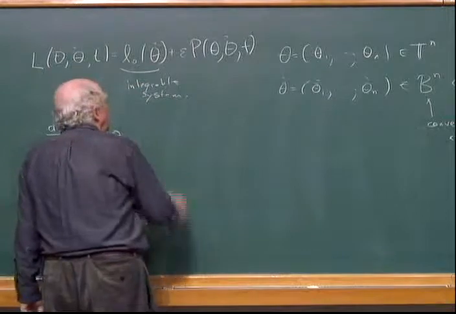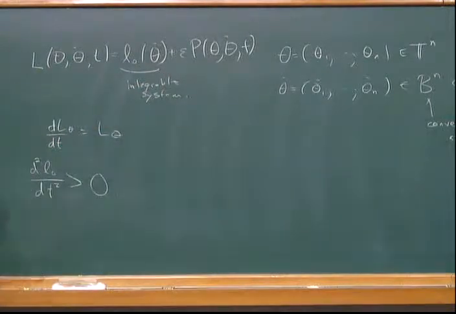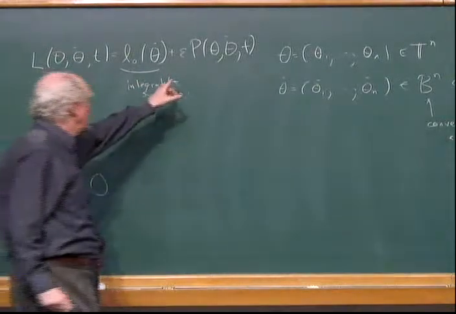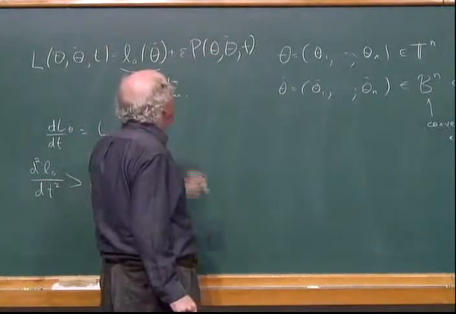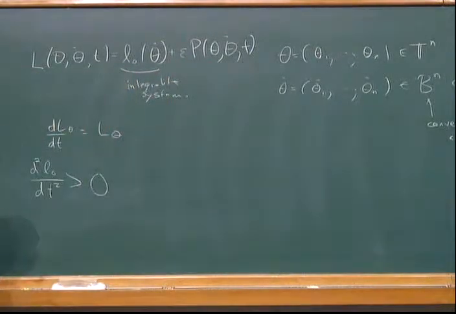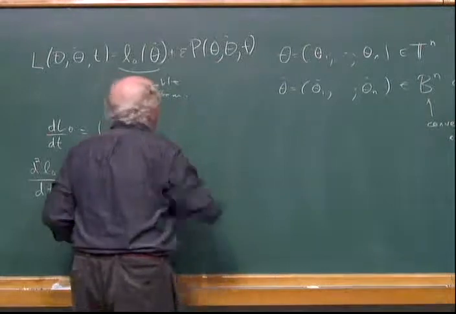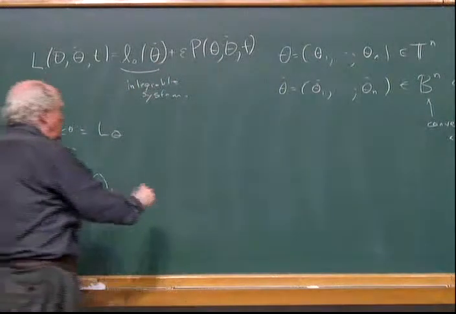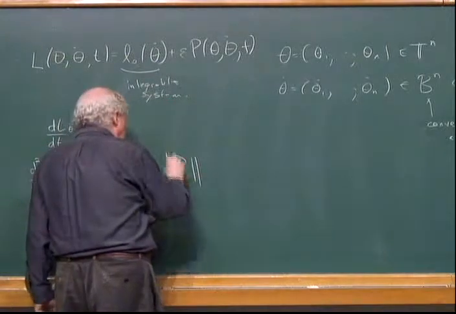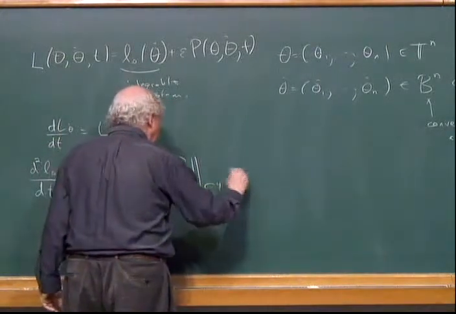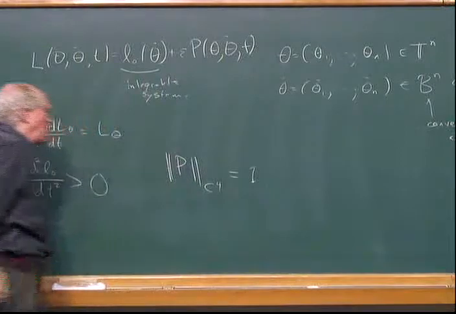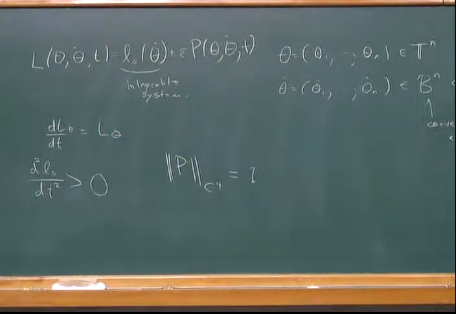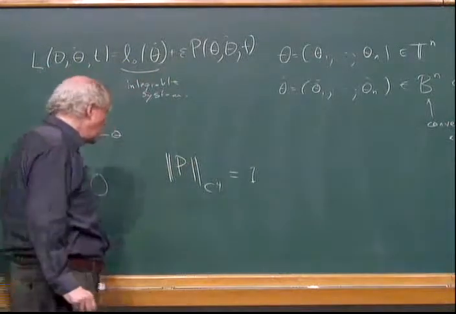Of course, it's kind of superfluous to write epsilon times p, because anything I put here can be written by putting in any epsilon and writing epsilon times p. But if I put some condition on p, maybe the C4 derivative of p equals 1 or something like that, then epsilon and p are uniquely defined.